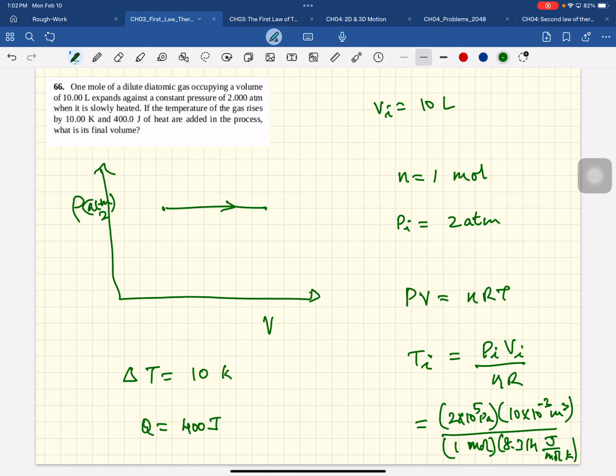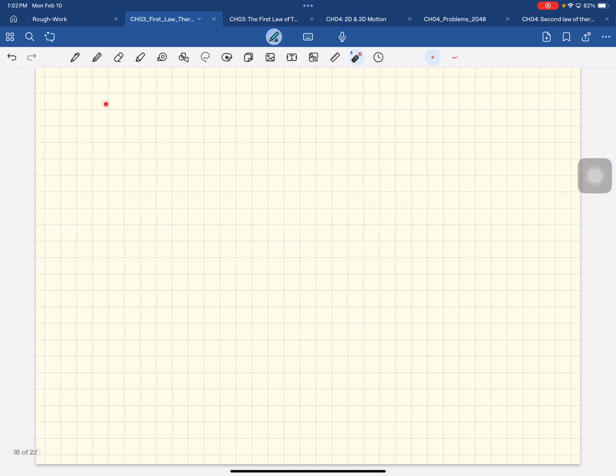So this works out to 10 to the 2, 10 to the 3, 2,000 divided by 8.314. So initial temperature works out to 240.6 Kelvin. So the final temperature is 10 Kelvin higher, so 250.6 Kelvin.